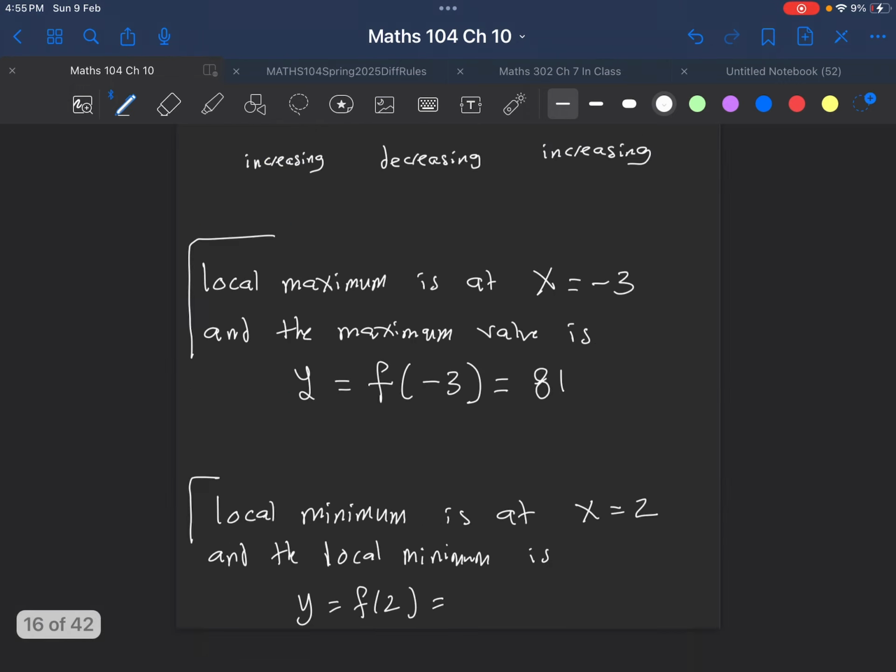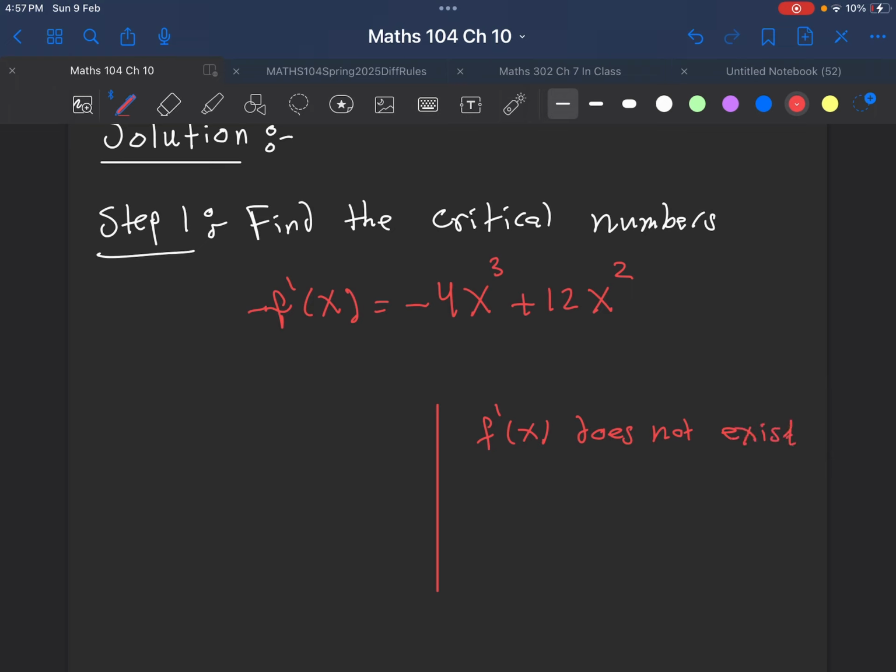And now we have 2 options to find the critical numbers. Either the derivative does not exist, which is not happening in this case, and the reason is we have no denominator.